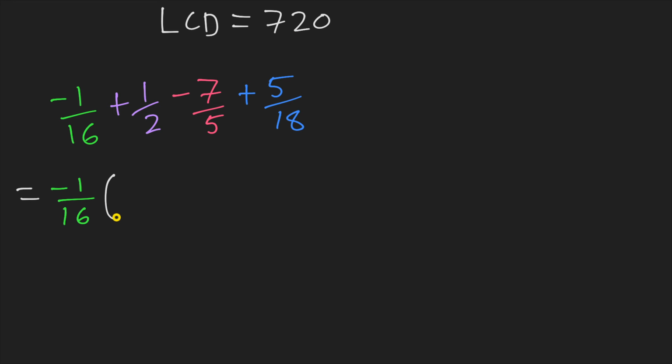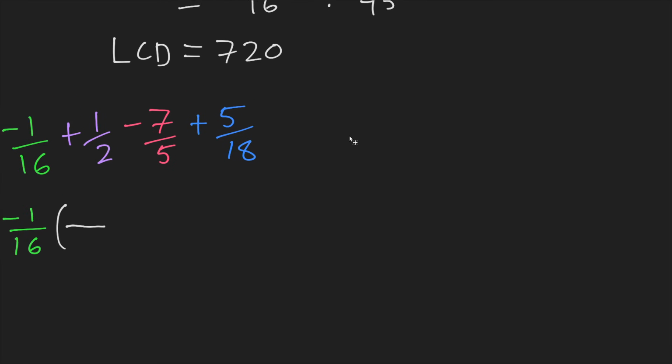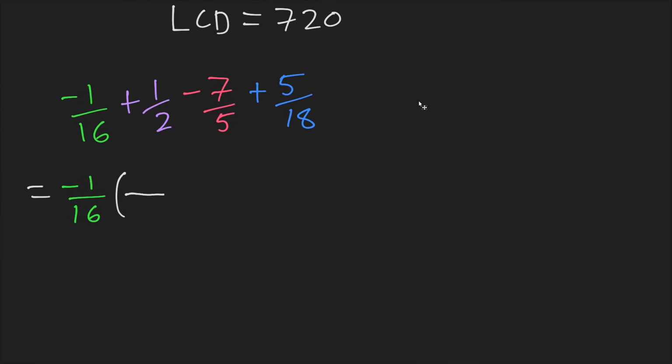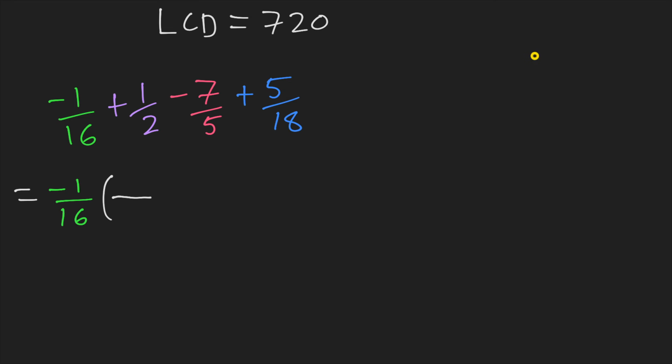And whatever that number happens to be, you're going to have to multiply the numerator by that same number. So what is that number? Well, the easiest way to find that number, I'm just going to do a little bit of arithmetic on the side, is to take 720, which is the least or lowest common denominator you're trying to reach, and divide it by 16.